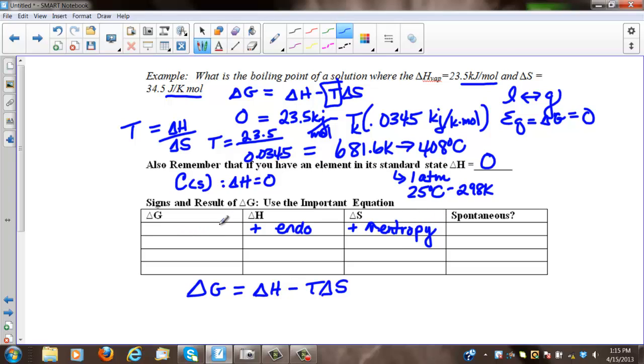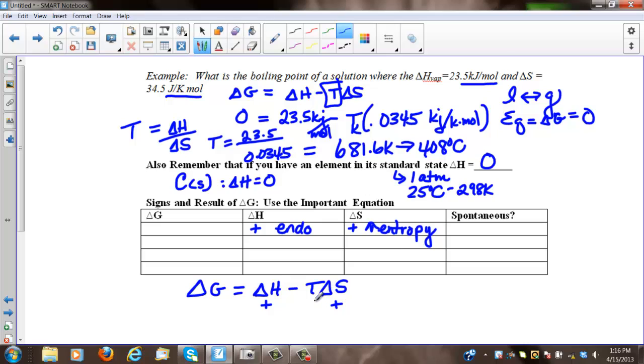So I have to determine whether or not this is going to be spontaneous. Well, when you look at this value, if this is positive and my entropy is positive, what's going to determine what happens to delta G? I've got a positive minus temperature times some positive value.